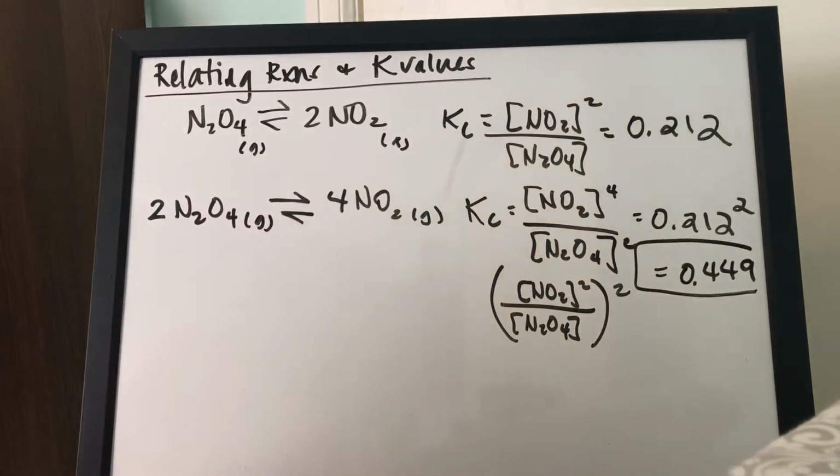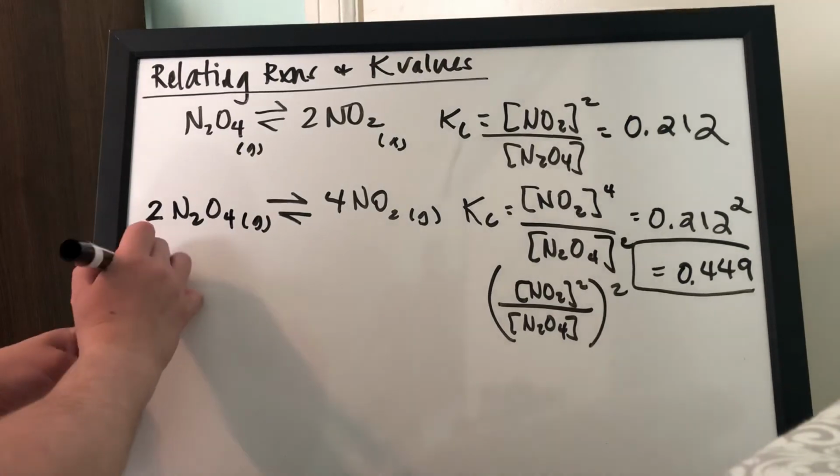Okay, so it's not doubled. All right, it's not doubled like energy is in thermochem, it's squared. So you might ask, well, what if you triple a reaction? And so again, if you triple a reaction in thermochem, you would triple the energy, but not in Kc and Kp discussion. If you triple a reaction, you're going to cube Kc or Kp. Okay, so if you multiply a reaction by any number, you're going to raise Kc to that power.